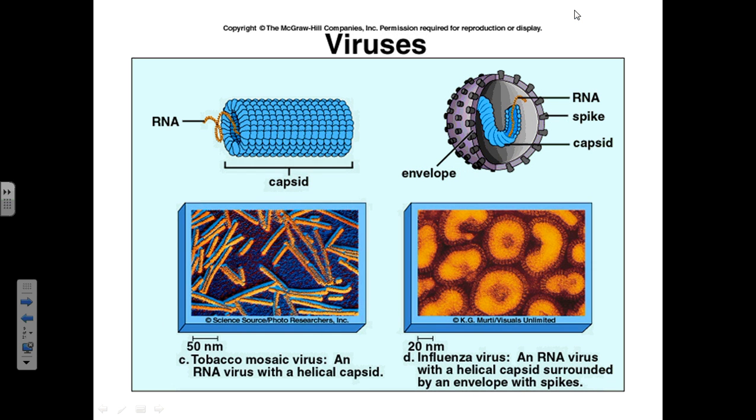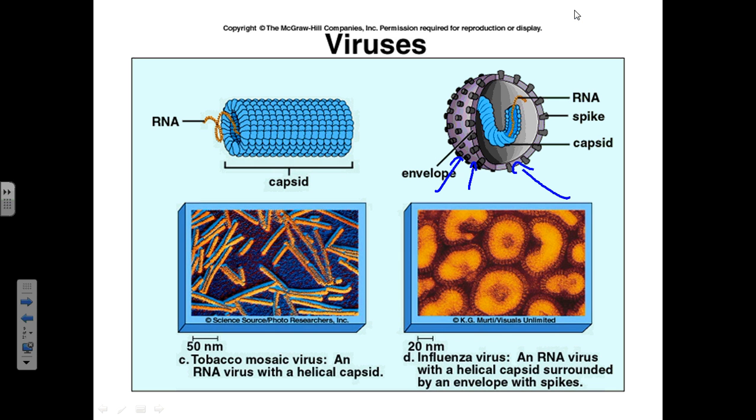One other thing I'll mention about viruses. Some kinds of viruses, like the flu virus, have this envelope around them. What part of the cell is that sort of like? Well, not all cells have a wall. It's sort of like a membrane.